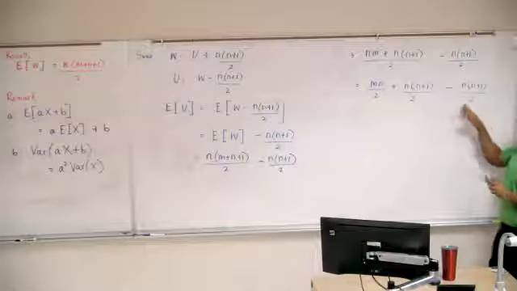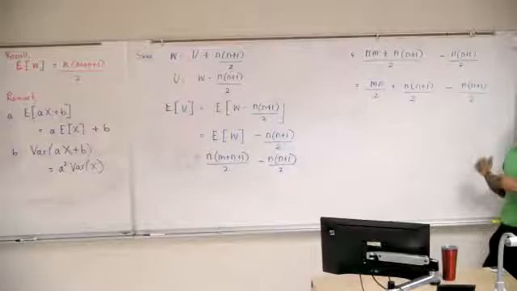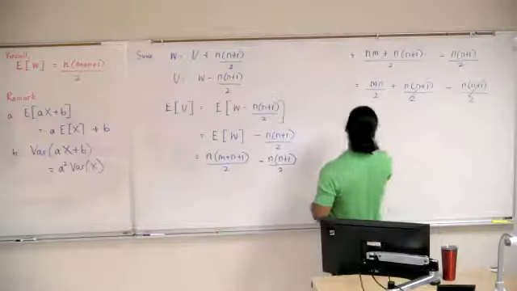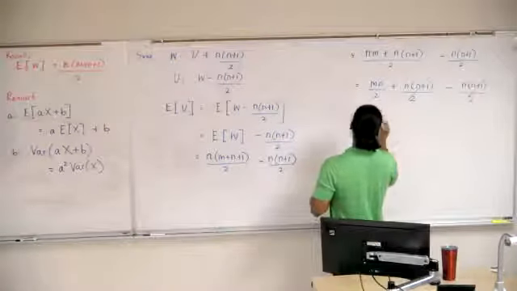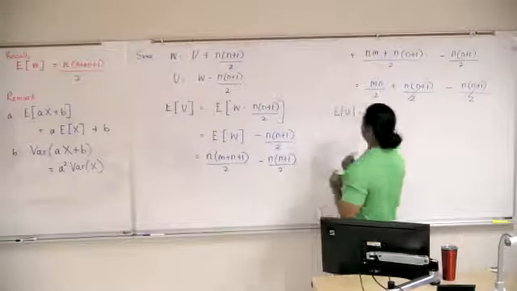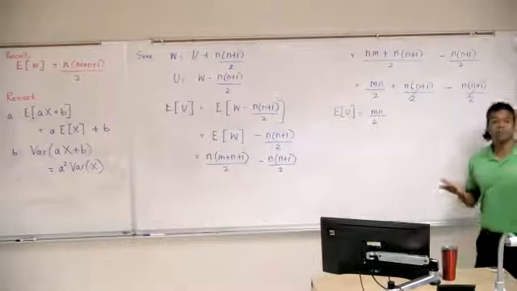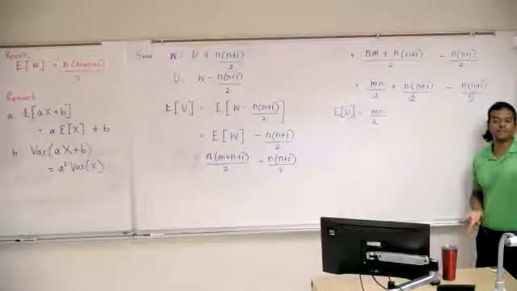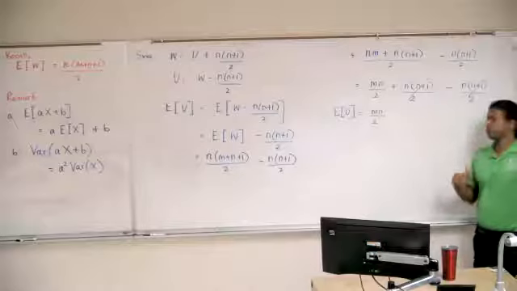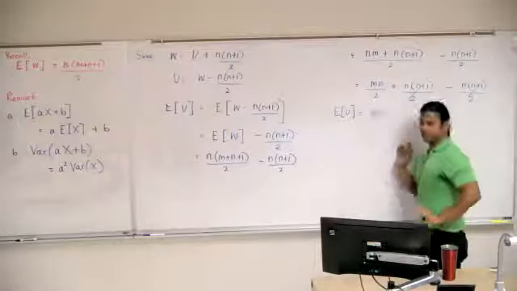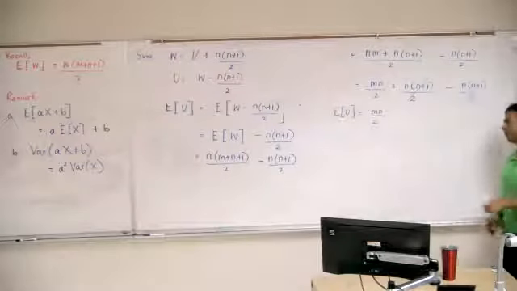Now that part and that part will get cancelled. So the expectation of U is simply N times N divided by 2. If you choose to use U instead of W, simply M times N over 2.